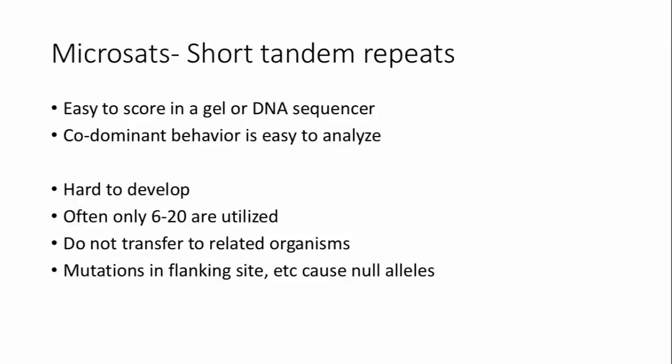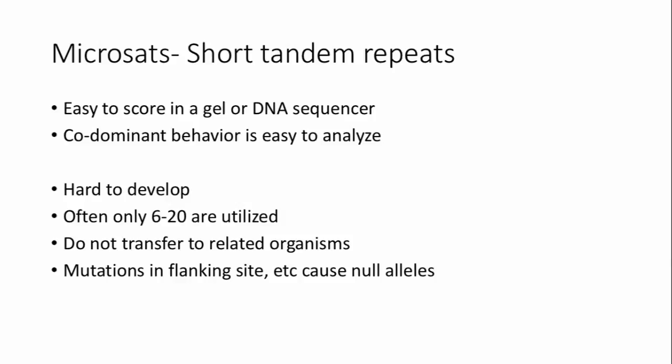However, characterizing this flanking sequence to use as the primer is somewhat difficult. So this type of marker is fairly difficult to develop. And often you only get 6 to 10 or 20 for an organism of interest. And that limits your ability to analyze the entire genome. You're just looking at a small subset of your organism's genome as a way of making inferences about the rest.